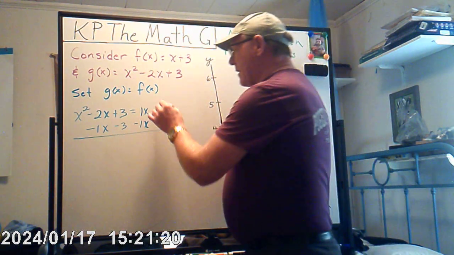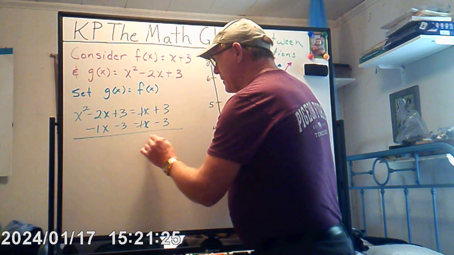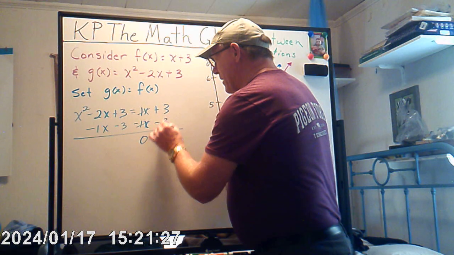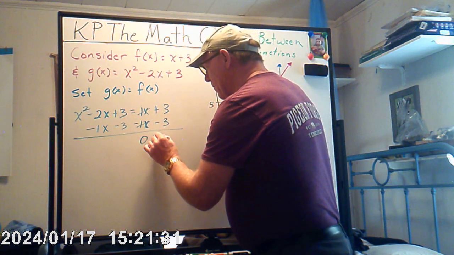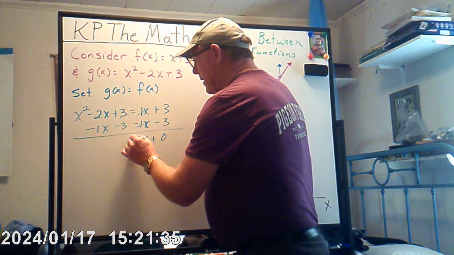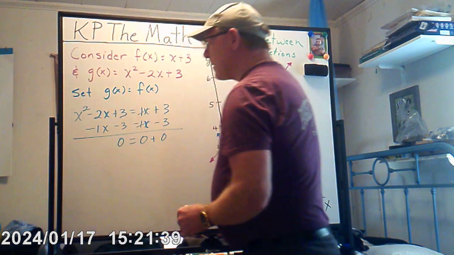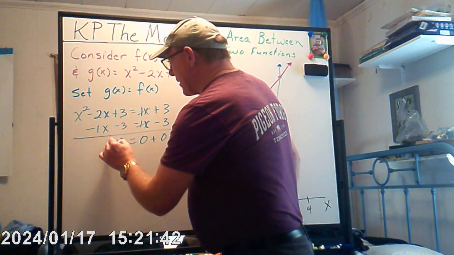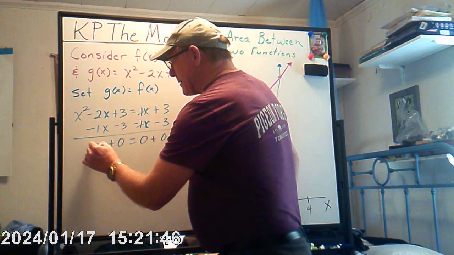And notice this side here is simply 0. 1x minus x is 0. And then 3 minus 3 is 0. So we're left with negative 2x, negative 1x is negative 3x.